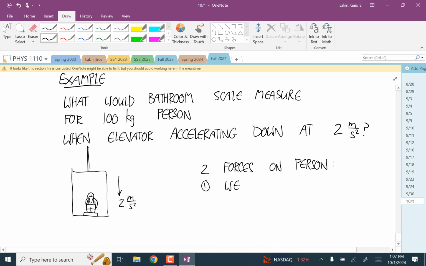That's the weight and the contact from the scale.